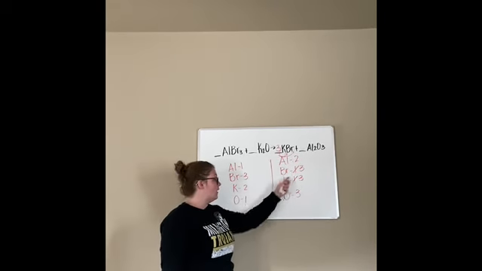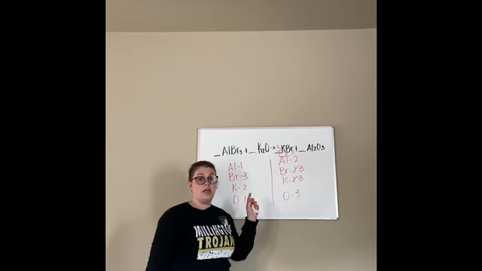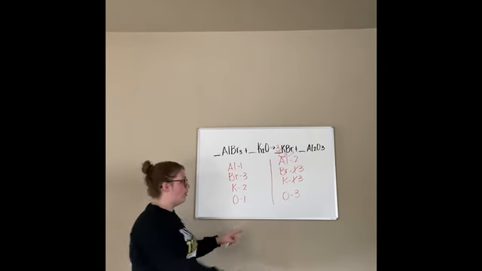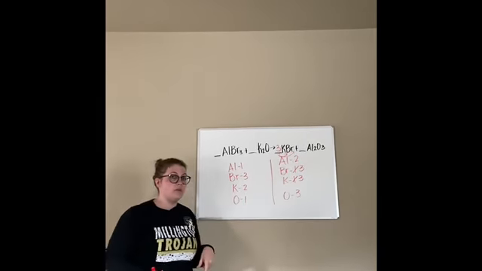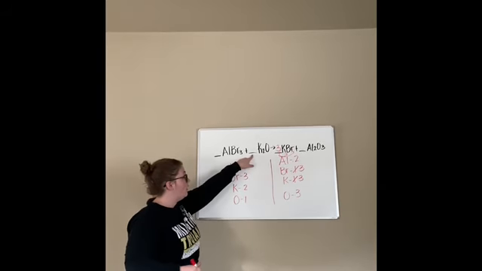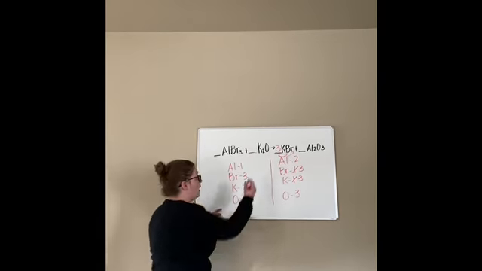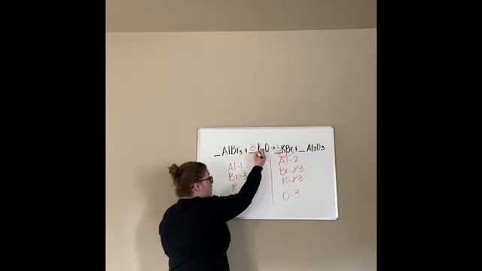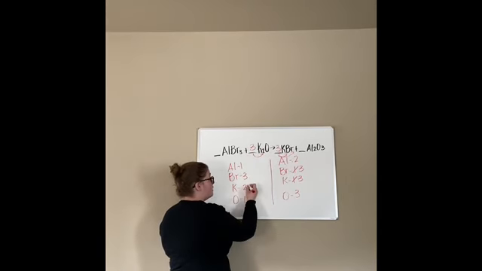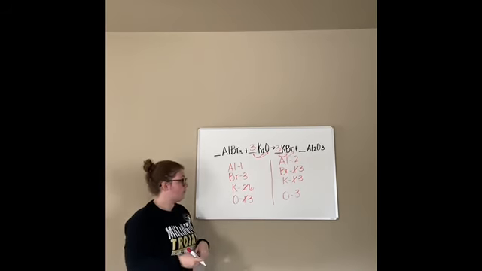Well, remember then I said I want these to equal 6, right? Because 2 times 3 is 6. You want to multiply those two together to see what they should be. So if I look up here, in order to get 6 for K, I would have to put a 3 right here. So 3 times 2 is 6, and then 3 times 1 is 3, right?